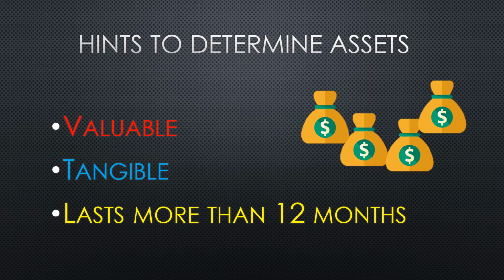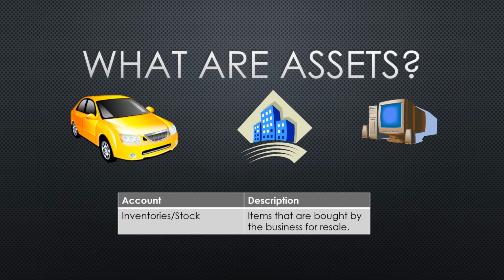So examples of assets are things like cash at bank, accounts receivable, motor vehicles, buildings, furniture and equipment, computers, TVs, or any type of asset that is used to generate revenue for the business. The most common forms of assets that are owned are motor vehicles, buildings, and computers or furniture and equipment.